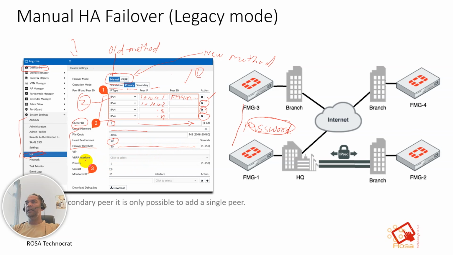VRRP and the VRRP interface do not apply in the case of manual failover, so you will not see these options. This is the legacy, or old, method of failover: manual, primary, and configuring these options.